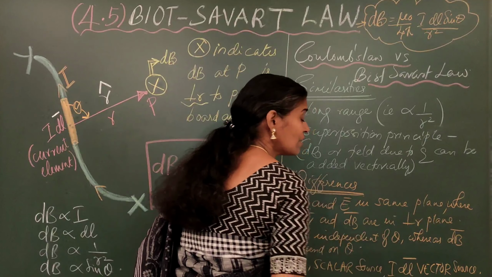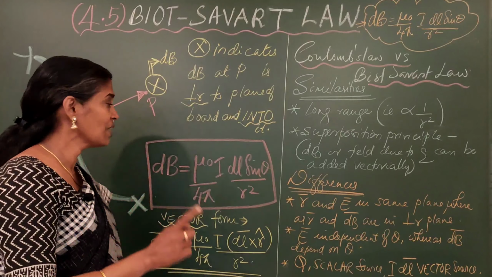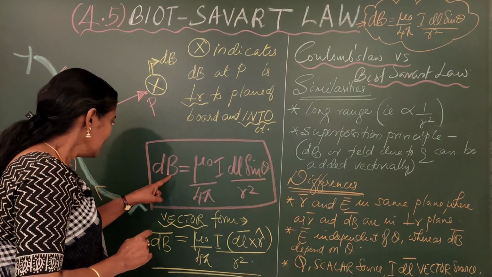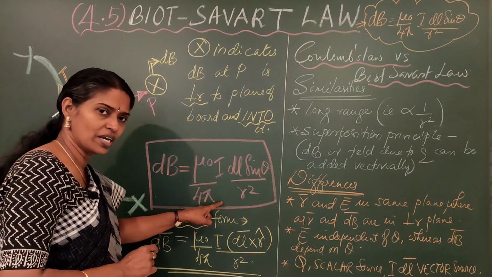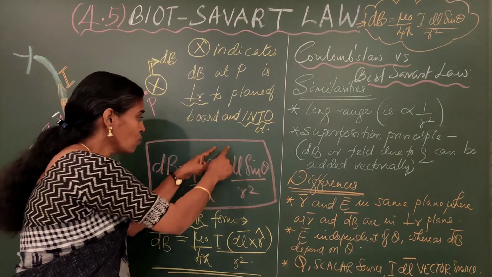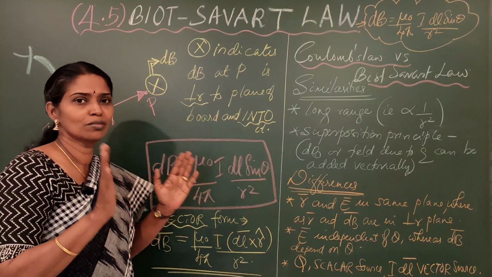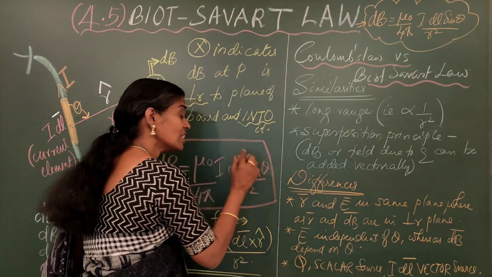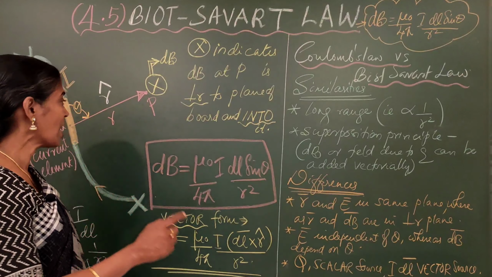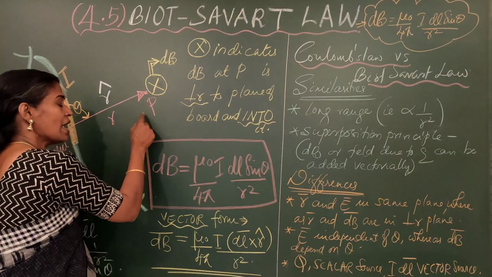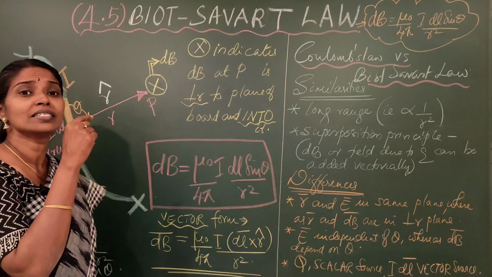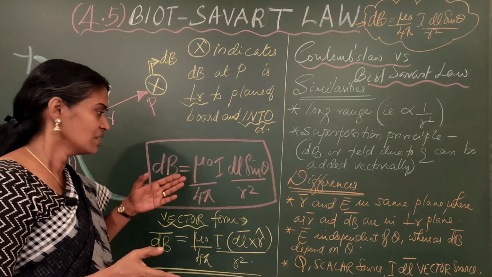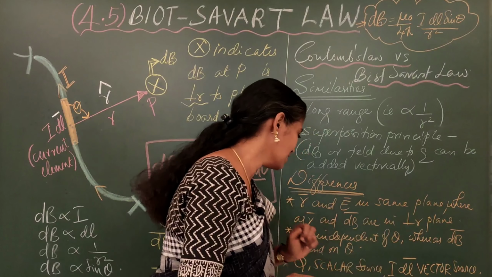E is independent of theta. In the electric field you don't have a term like sin theta; E is equal to 1 by 4 pi epsilon 0 q by r square. Whereas dB depends on theta. You cannot have the point P and dl in the same line, otherwise dB goes to 0. So there is sin theta dependence.